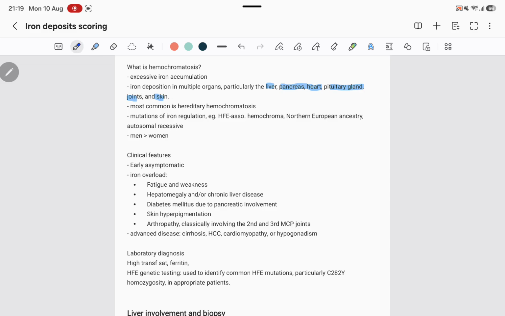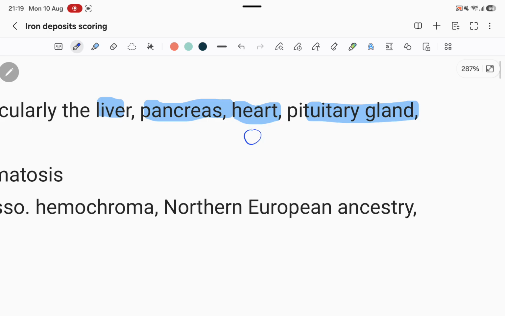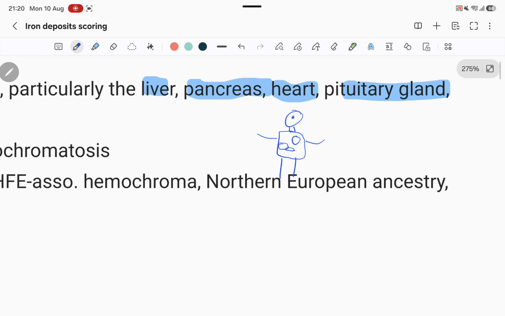If we can draw a small diagram right here, we've got this poor guy who's got everything. There is his liver, and his legs are so long. His liver is affected, the pancreas, the heart, the pituitary gland, his whole skin and his joints.